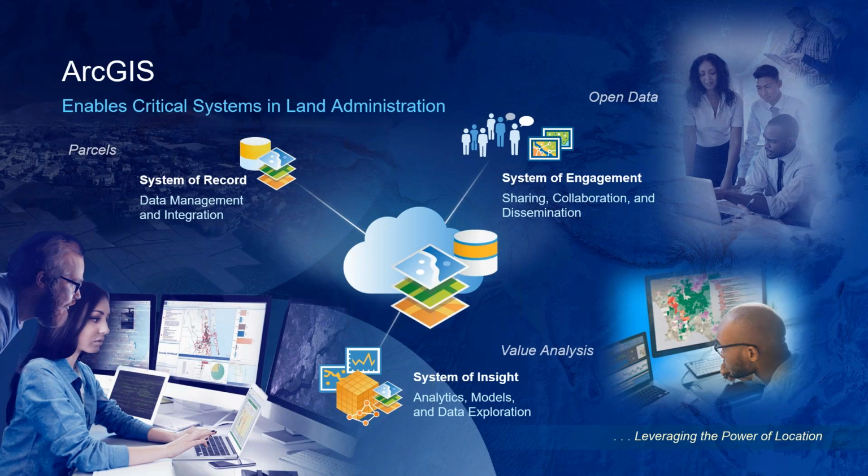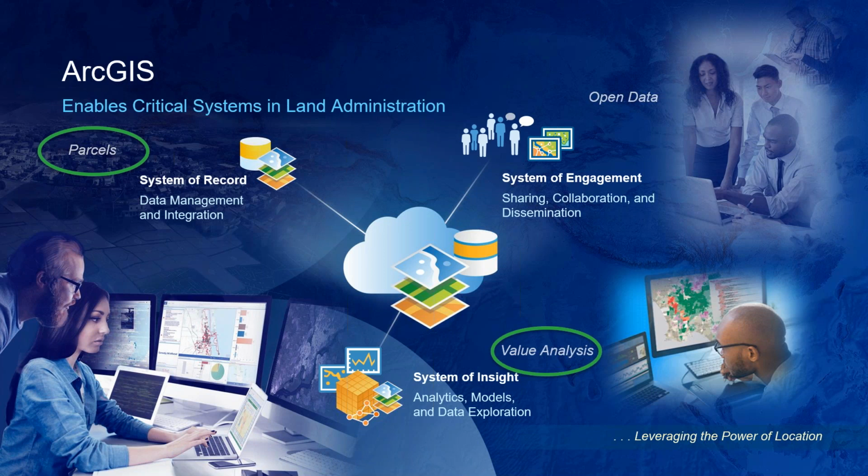ArcGIS enables three critical systems in land administration: the system of record, the system of insight, and the system of engagement. It's all in a common platform, eliminating the need to keep disparate systems in sync. We've all had the version incompatibility of custom and interconnected systems, but we don't need to worry about that. The system of record delivers a complete solution for editing and managing parcels and cadastral data.